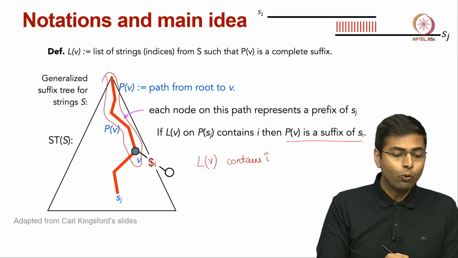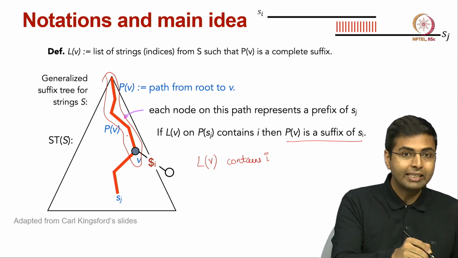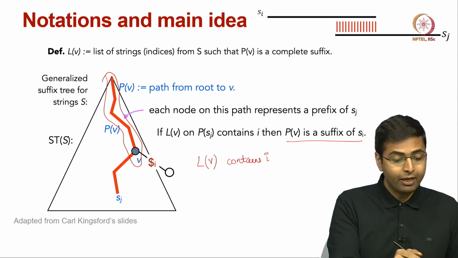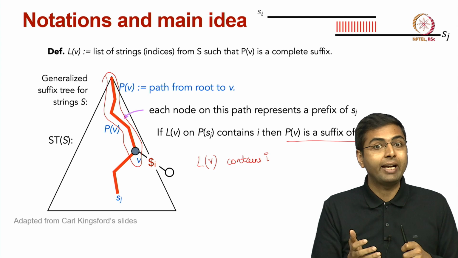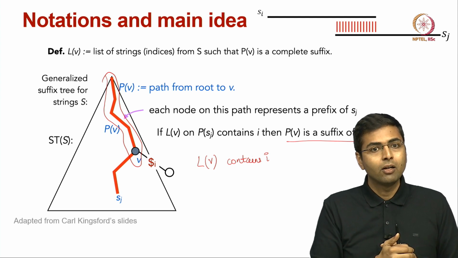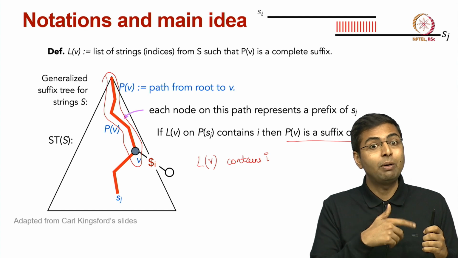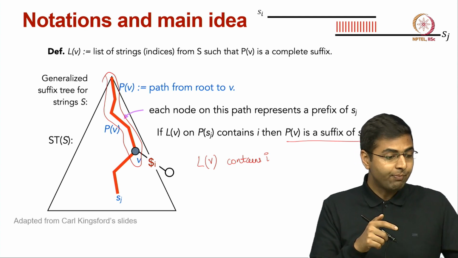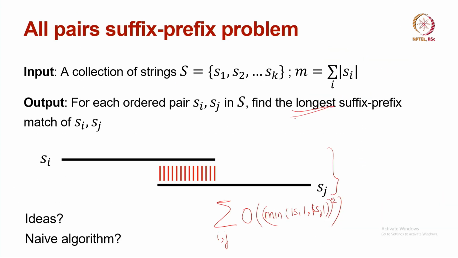right. So, now you can see how we are going to combine these two. As we said, each node on this path represents a prefix of Sj, and if LV contains I, then I also know that this is a suffix of string Si. Therefore, these two properties tell me that there is a common suffix prefix match between Sj and Si. But in my problem I am looking for the longest suffix prefix match, correct.